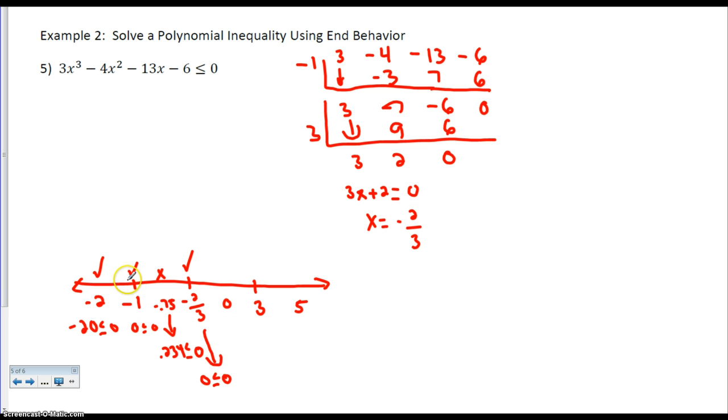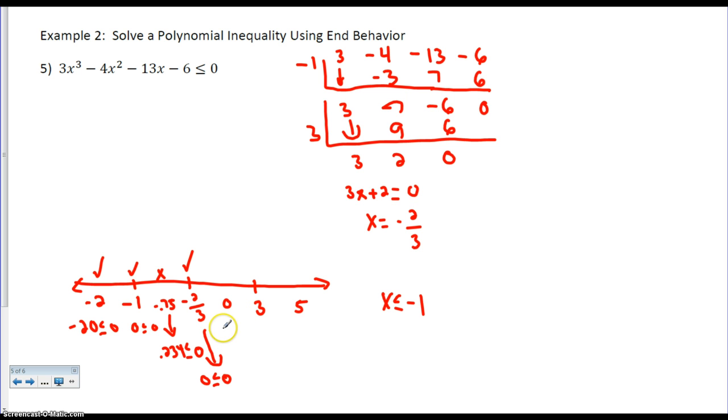So now I'm going to plug 0 into this inequality. So right now, all right, let's figure out what I have right now. I know that x is smaller than or equal to -1. Okay? The reason why I know that's true is because -1 makes the inequality true, and -2 makes this inequality true, which means that anything to the left of x equaling -1 makes it true. So now I plugged in -2/3, I got that 0 is less than or equal to 0.